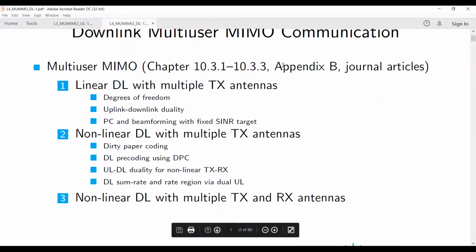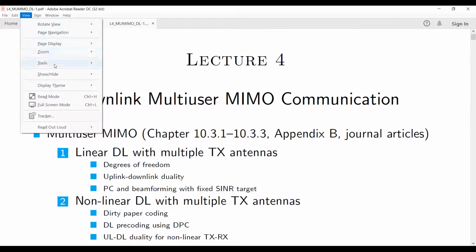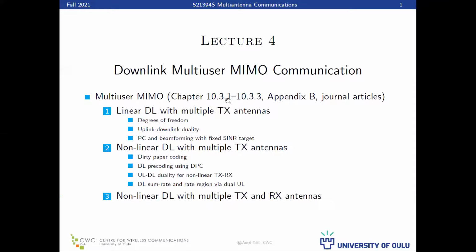Just starting with the degrees of freedom analysis in the downlink, duality shows that the sum power for a set of SIR constraints that are assigned in the downlink, and minimizing the power, or finding a power allocation to meet these downlink SINR thresholds, holds also for uplink. If we switch the roles of transmitter and receiver, the sum power is the same.